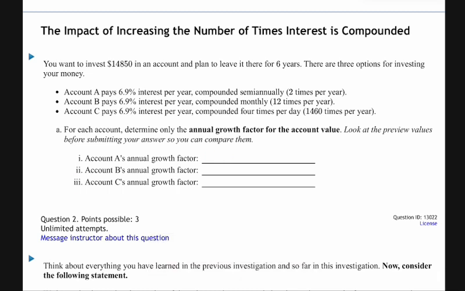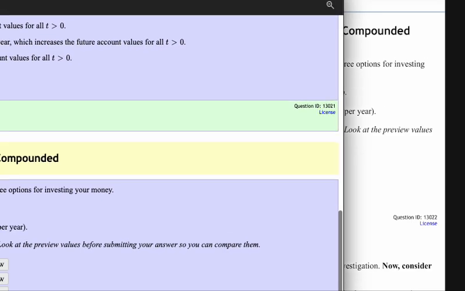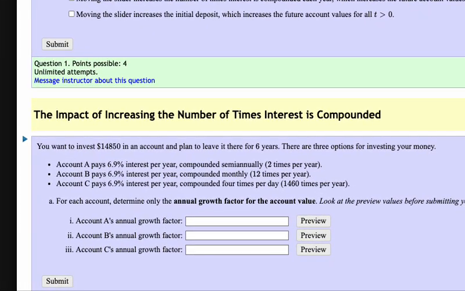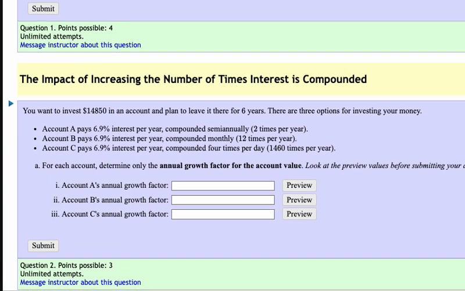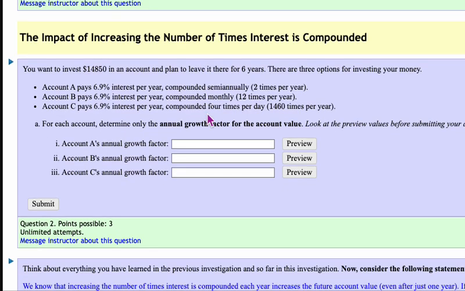Let's see if I can preview those for you so we can see those. Okay, let me pull the real thing over here so we can do that. It says the impact of increasing the number of times that interest is compounded.